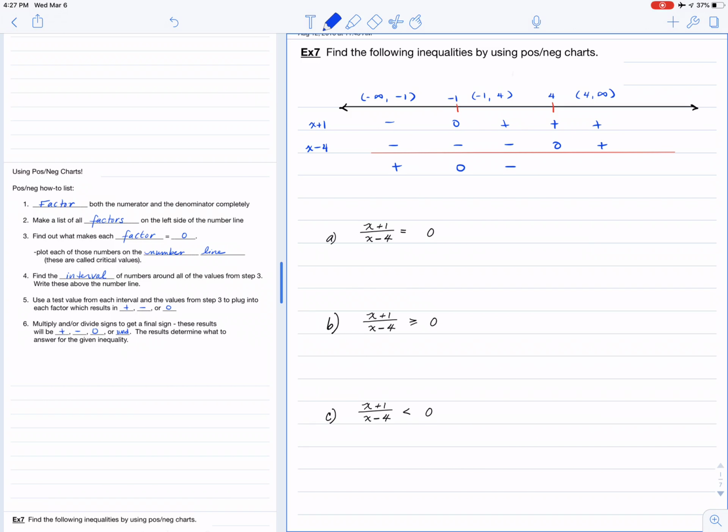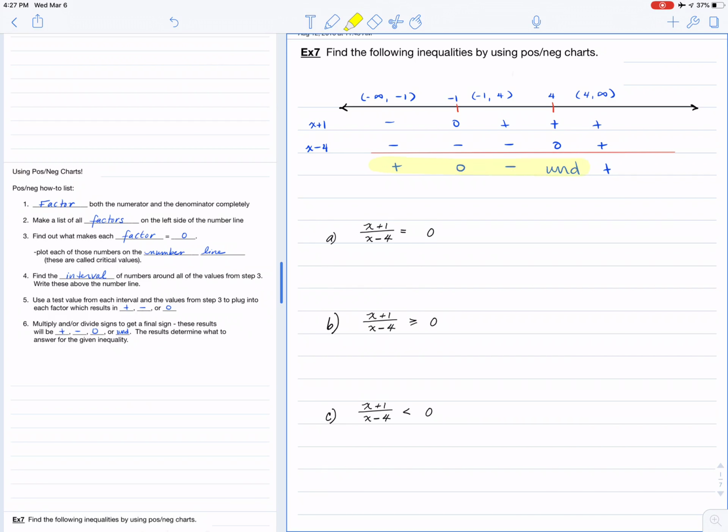Remember, you're not allowed to have a 0 on bottom, so this is undefined. That's what that UND stands for. It's undefined. If you were graphing this, this would be a place where there would be a vertical asymptote, but we're not looking at a graph. And then lastly, we have positive divided by positive, which we know is positive.